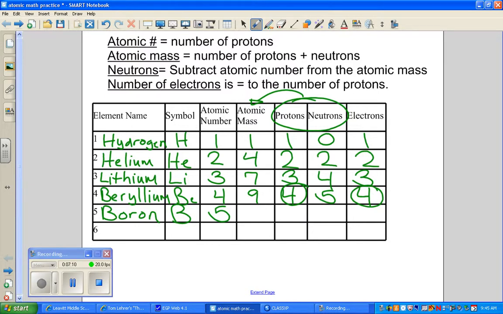Every element has one more proton than the element before it. Okay, atomic mass for boron. 10 point something. It's 10.8, so it's 11. Okay, how many protons? 5. So now the neutrons. 5 plus what equals 11? 6. And 5 electrons.